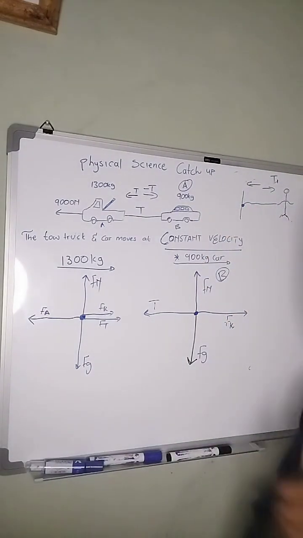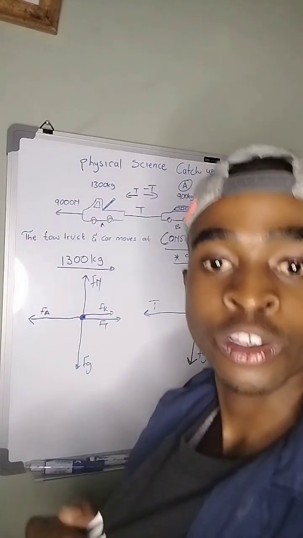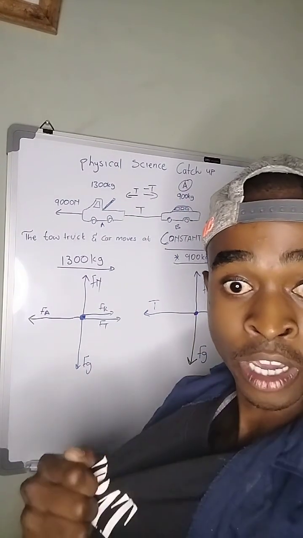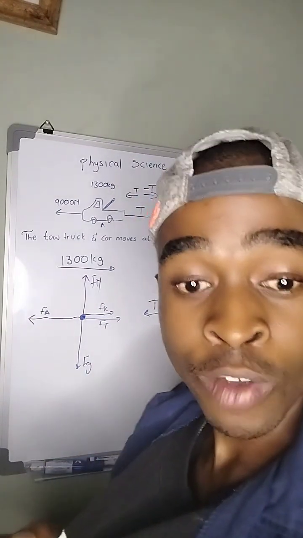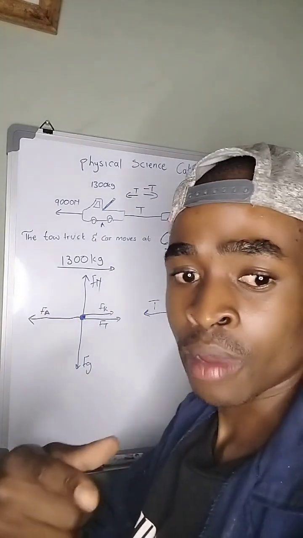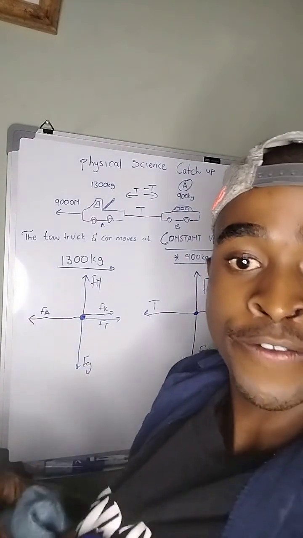My friend is pulling me. Where is my pulling force? My pulling force is here. The force of friction is down there. But whenever you draw a free body diagram, you don't want to draw the friction here and the pulling force down there.